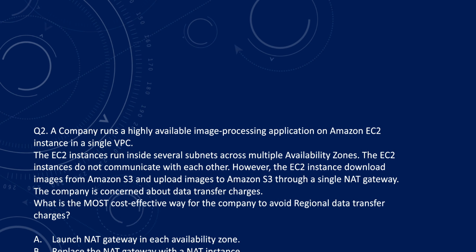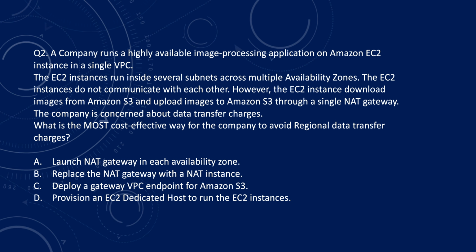So let's recap the question. A company runs a highly available image processing application on Amazon EC2 instances in a single VPC. The EC2 instances run in several subnets across multiple availability zones.